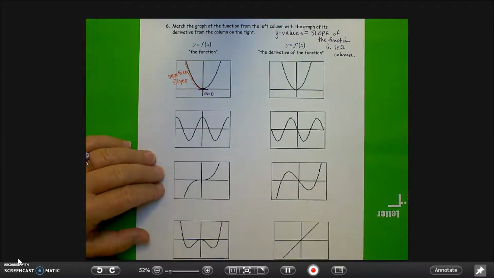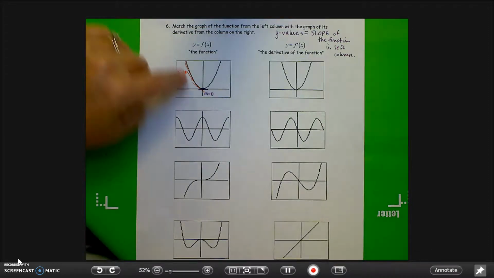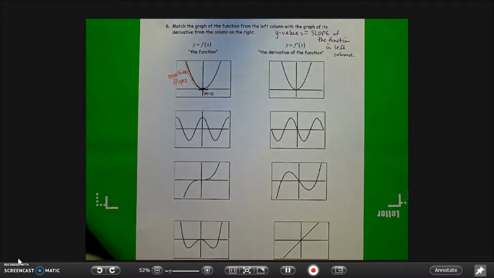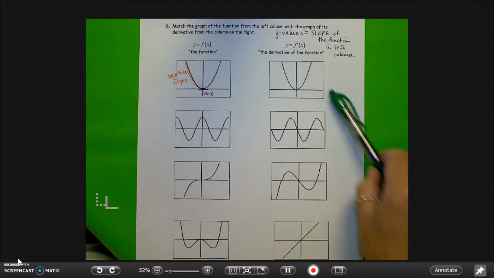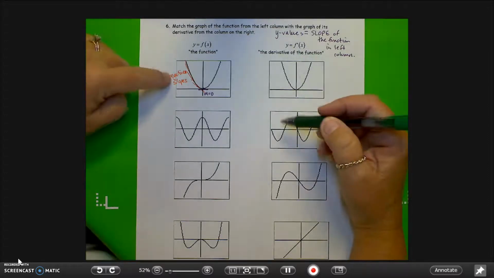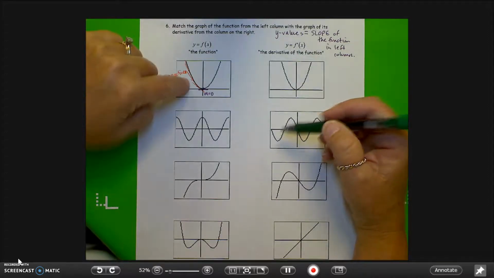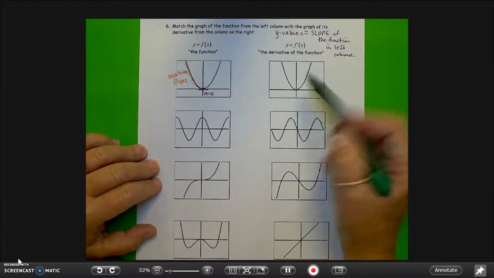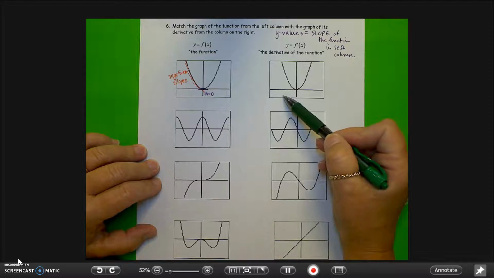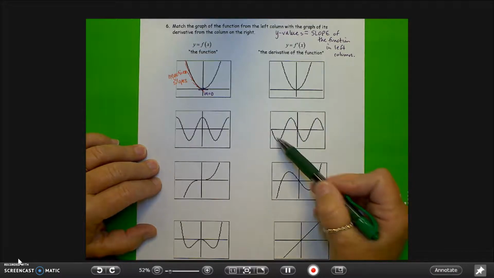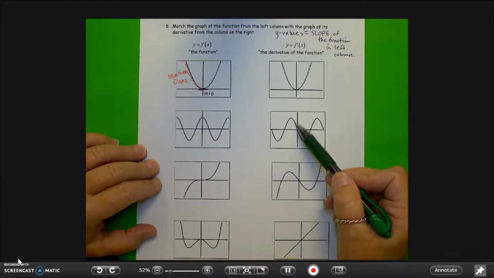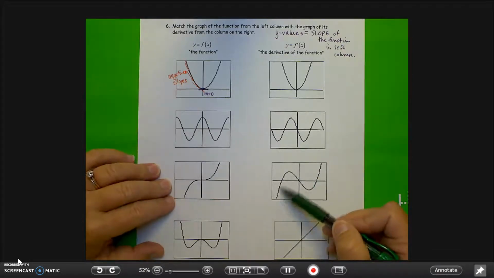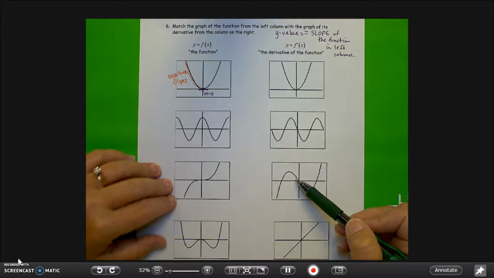And let me just stop right there. If I have a bunch of negative slopes when the x values are negative, what I should expect to see when I'm graphing those values is that negative slopes will be graphed as values below the x-axis. Now there's no values below the x-axis over here. This one has some below the x-axis, some above, so it can't be that. We need everything to be negative values. There's some negative and some positive, can't be that.